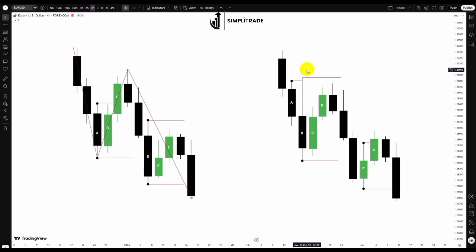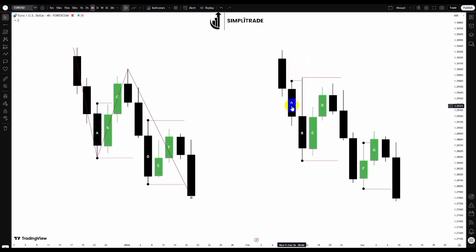It went against the trend and took out the high of candle A. So whatsoever movement that goes against the impulsive movement and takes out the high of a candle within the impulsive movement has created a pullback. So you must not see a series of bullish candles first before you establish that a pullback has occurred in a leg movement.